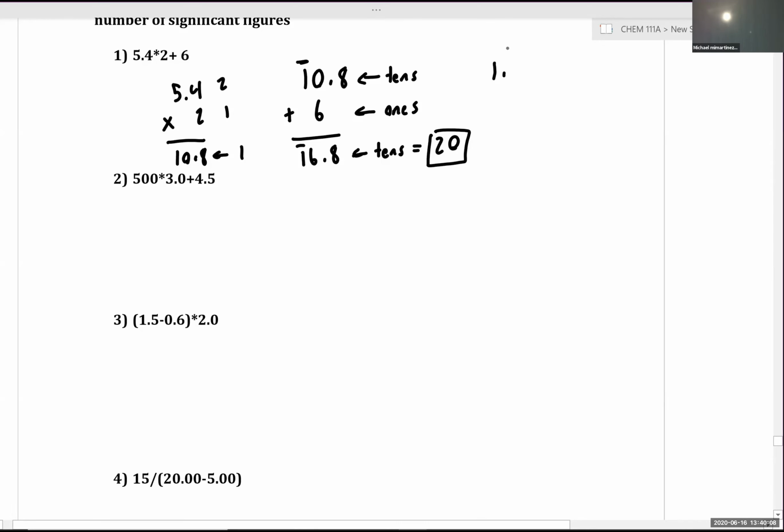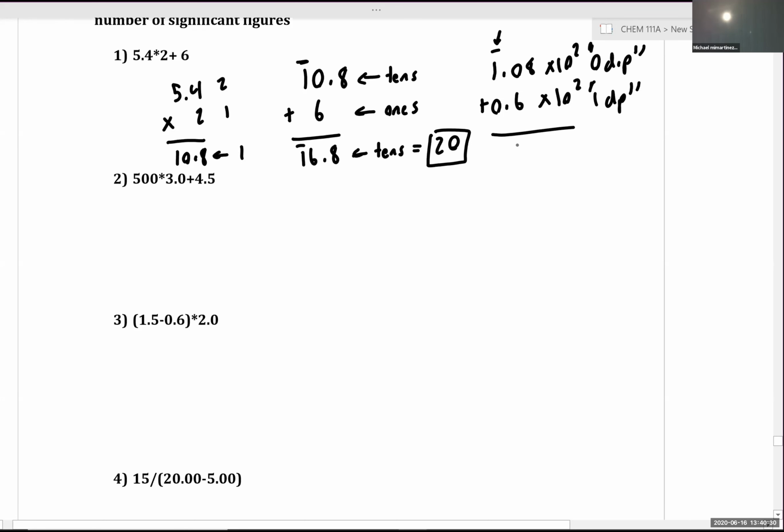Because in this 10.8, only this 1 is significant. So for example, let's recontextualize this problem. If we have 1.08 times 10 to the second plus 0.6 times 10 to the second, if only this 1 is significant, this number really has 0 decimal places functionally. This bottom number has 1 decimal place.